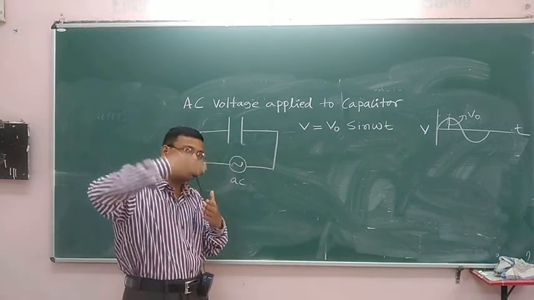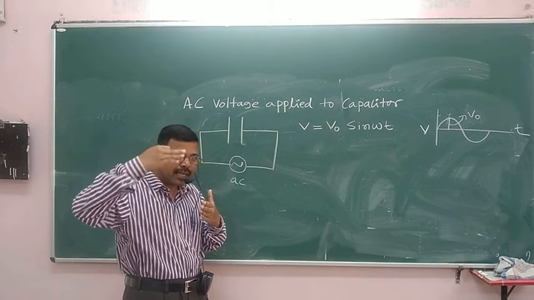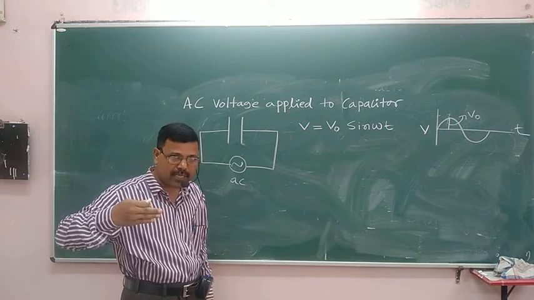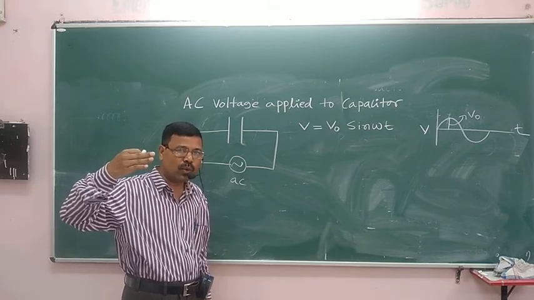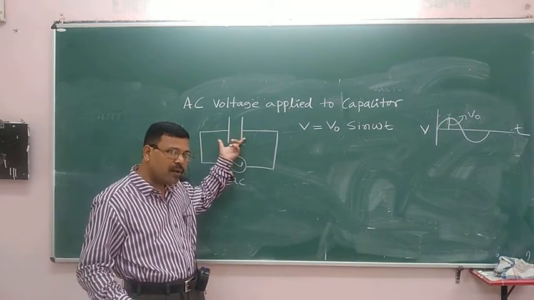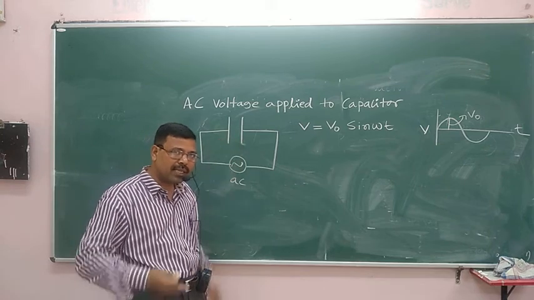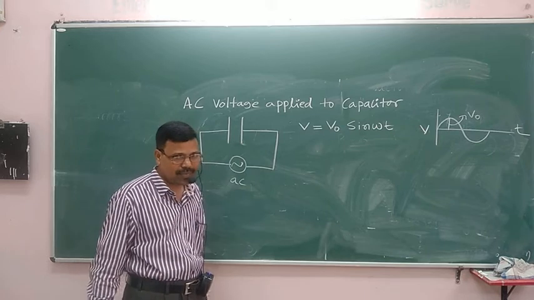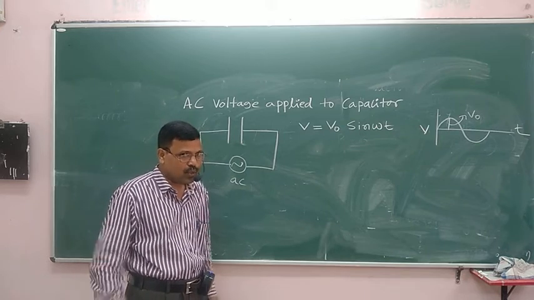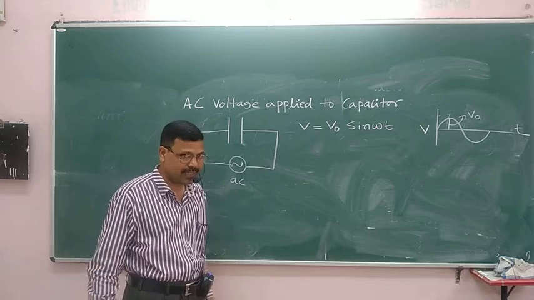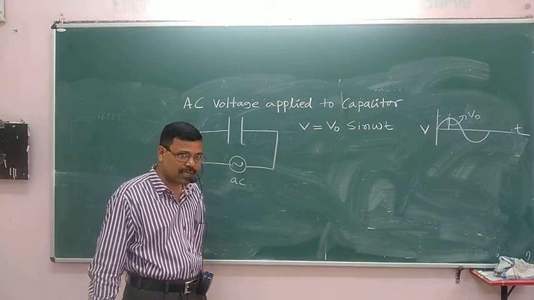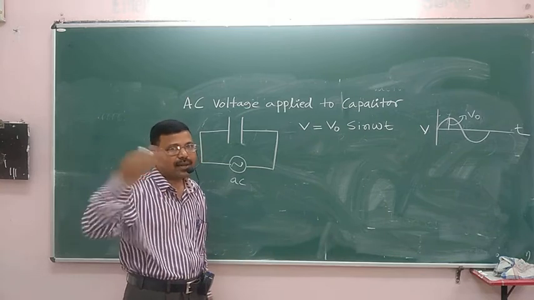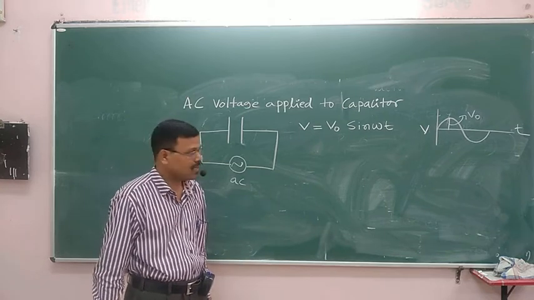So charging to maximum and then discharging to zero, again charging to maximum, discharging to zero. So when you apply an alternating voltage, the capacitor gets charged, discharged, charged, discharged continuously. So charge is also oscillating. When you apply a changing voltage, the charge also oscillates.